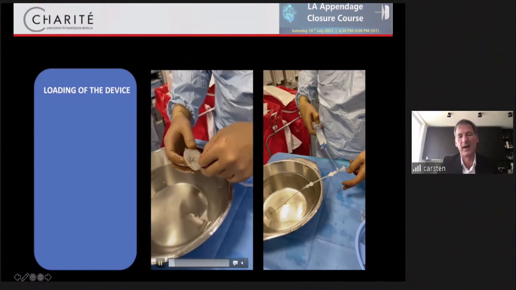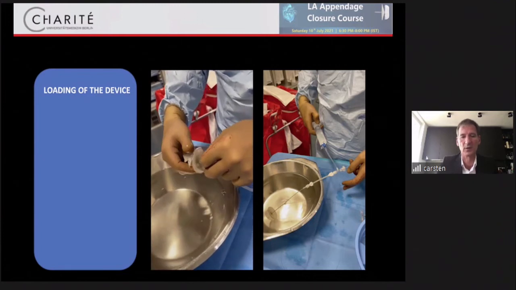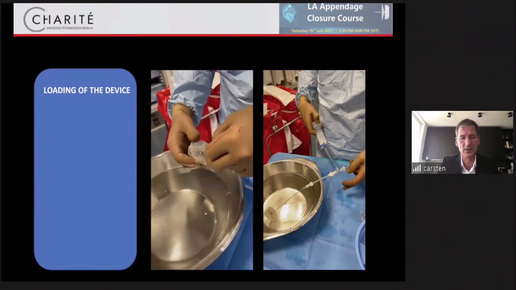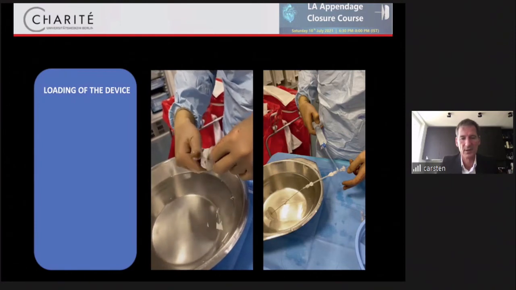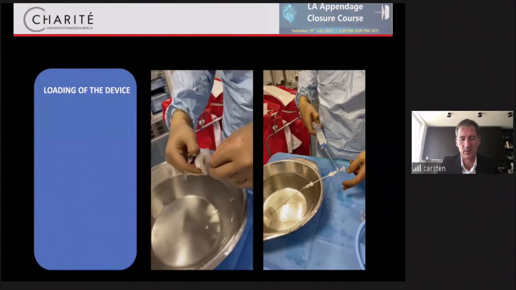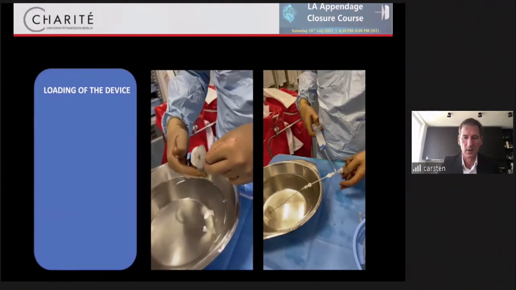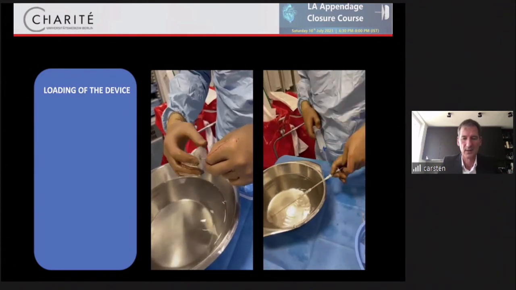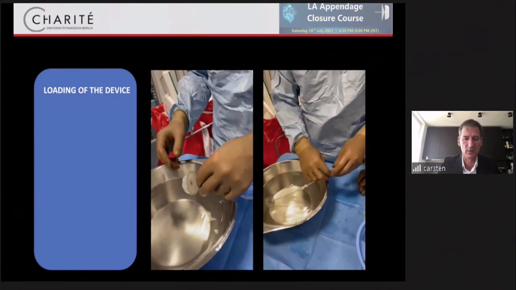That might be a little bit difficult, as you see. You have to be really careful not to damage the device. After 2 attempts, carefully I screw the device on the wire, and afterwards you put the device into the loader, and that should be airtight, of course.